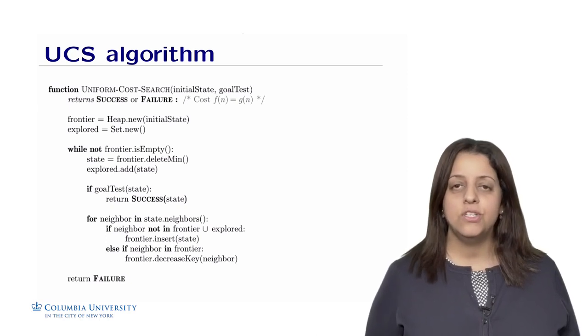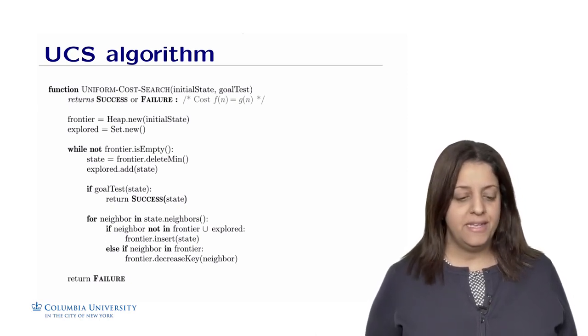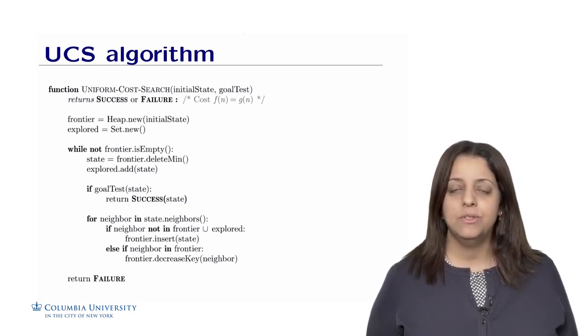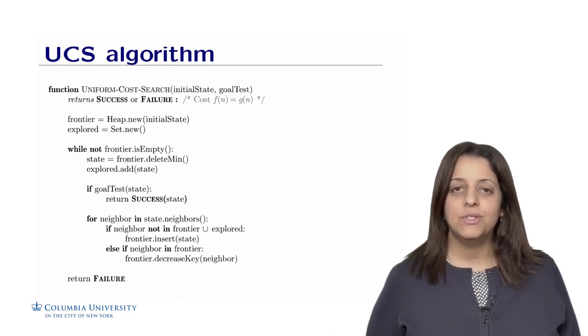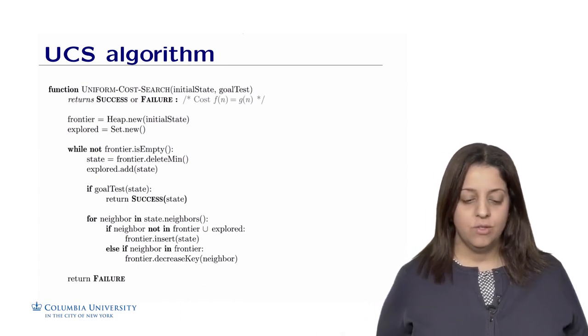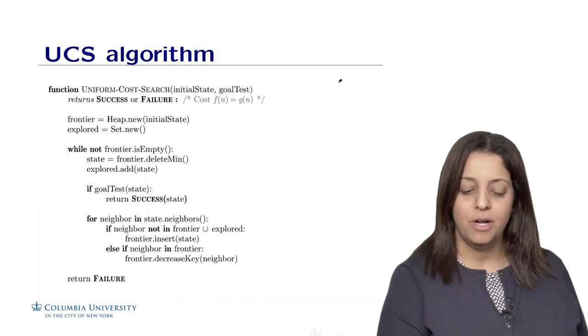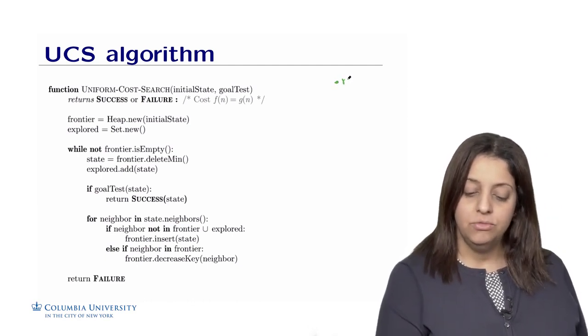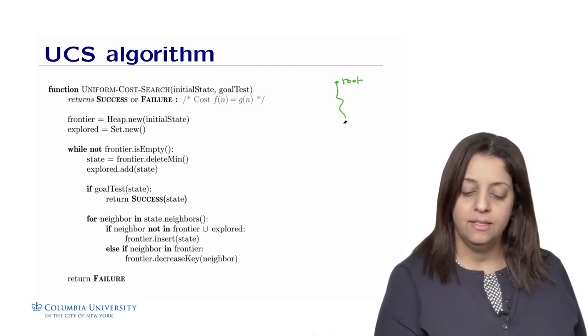The uniform cost search algorithm is very similar to BFS in the sense that we're going to explore layer by layer, but in this case the layers are determined by the cost g(n). Remember, g(n) is the cost to go from the root of the search to the node n.